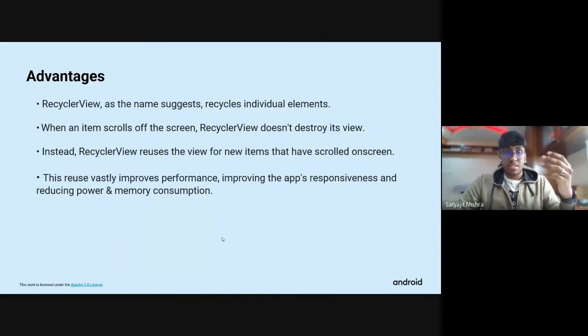So it reuses the view and just brings in the new data for the new items. I hope you get it. Every time it reuses, so the size is not static, it's dynamic, and due to that, it improves the app's responsiveness, power consumption, and memory consumption.